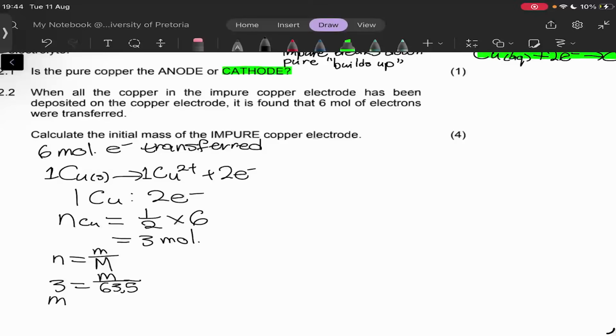If I solve for my unknown variable, my mass, I end up with 3 times 63.5. And that then gives me a value of 190.5 grams. Yes. Cool.